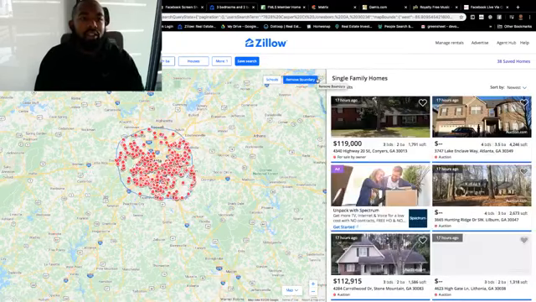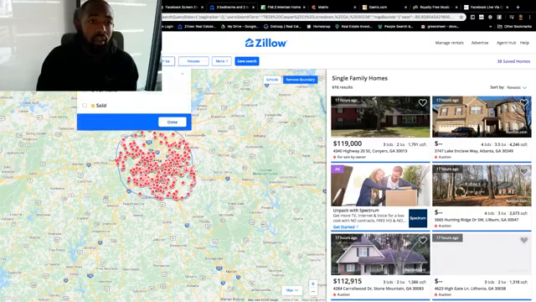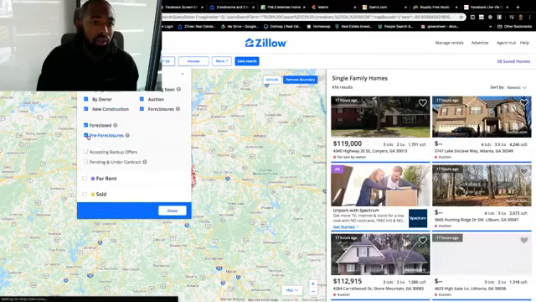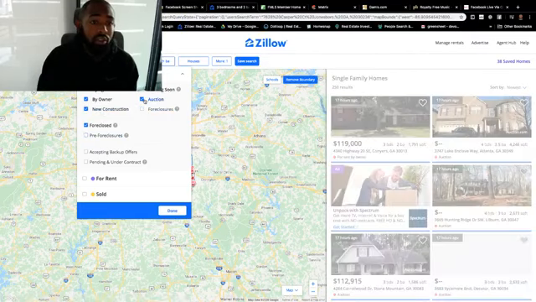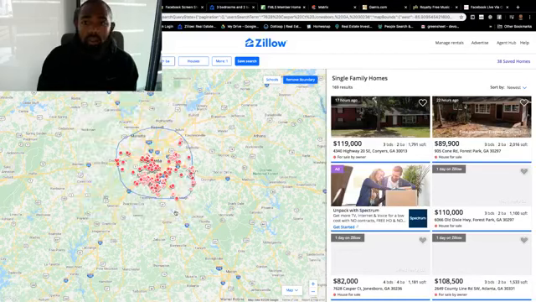I have a criteria for us to search for houses up to 120, and I want to get rid of the pre-foreclosures. I like foreclosures. New constructions, auctions, we're gonna get rid of all that, and coming soons. That'll knock it down to about 169 on our results. Let's let it load up for a second.